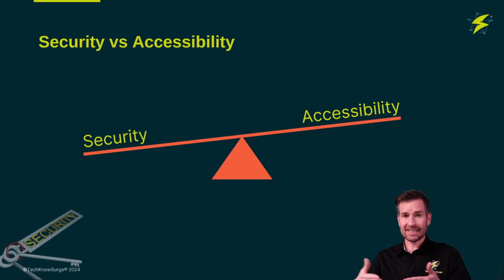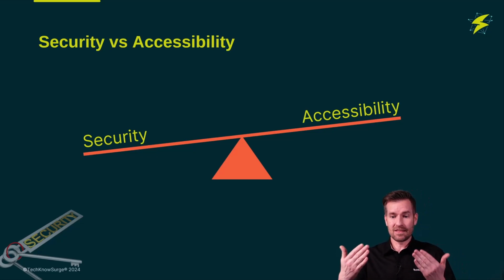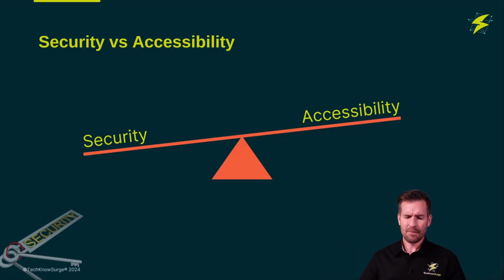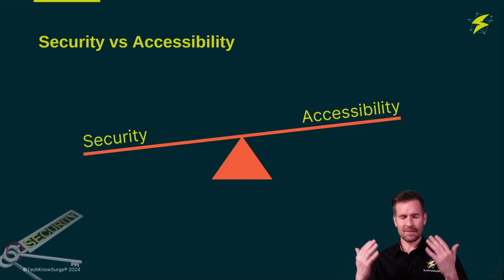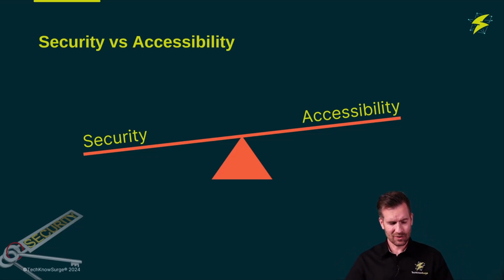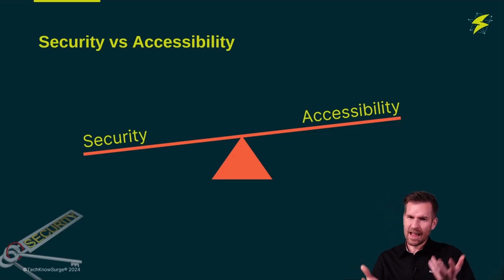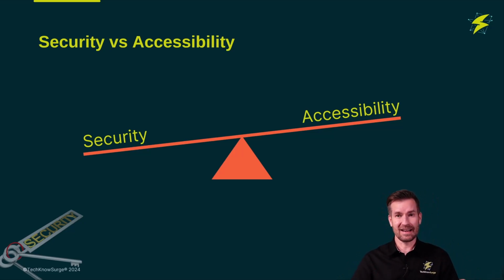And if you constantly are putting up blockers, then that's going to be problematic. But the flip side is true as well. The flip side is if you never say no to anyone, then is it really a security program? If every exception that comes along the way you approve, is it really a security program? So finding that right balance between security and accessibility is a pretty critical part to all of this.